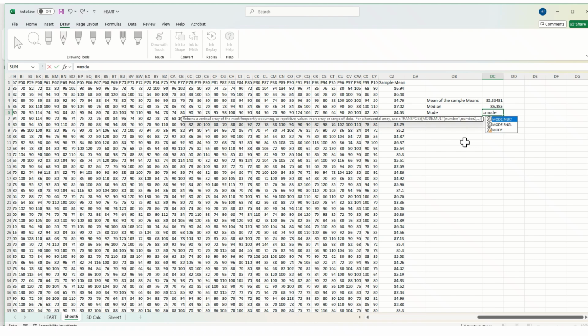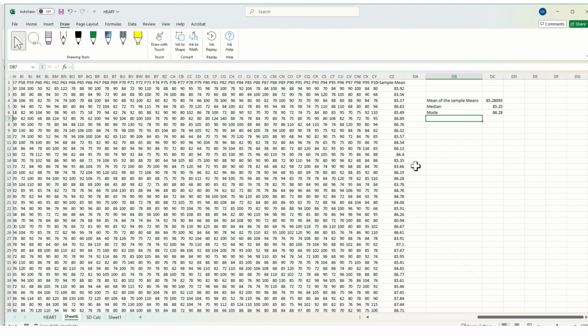Equals mode of this column, which is also very close to 85.28. So this proves that the mean, median, and mode of a normal distribution are almost equal.